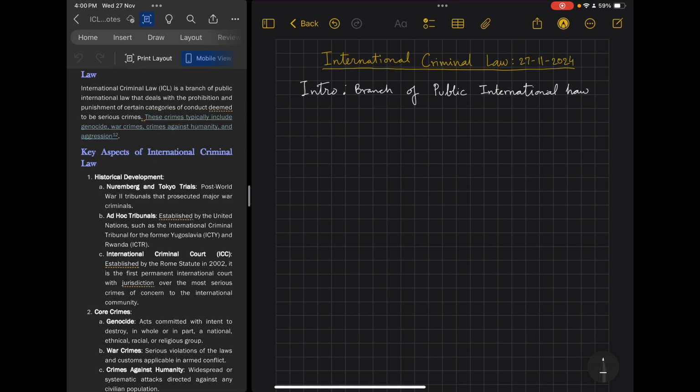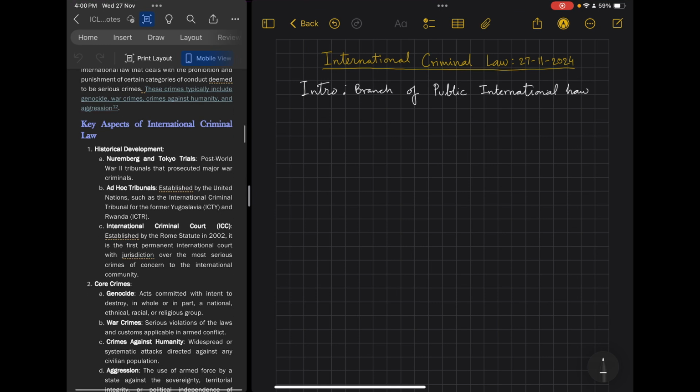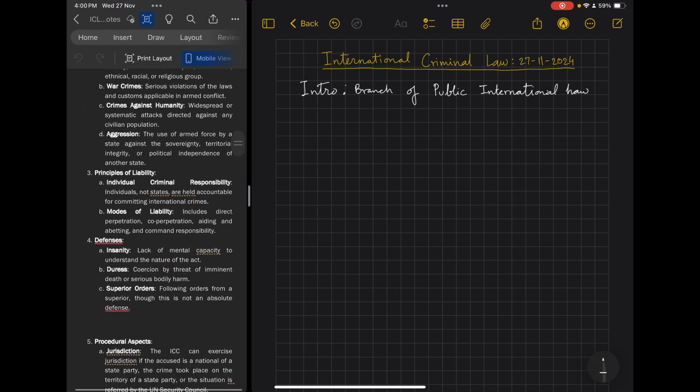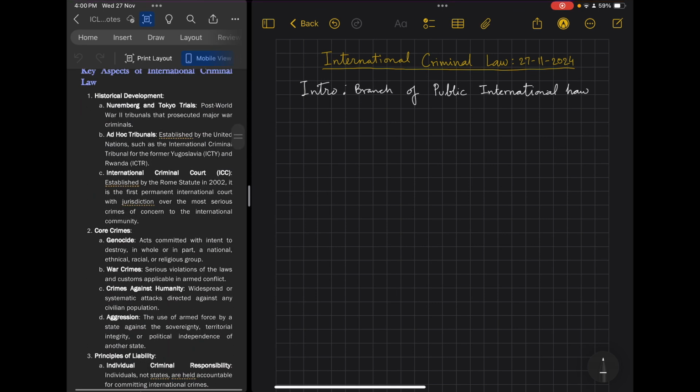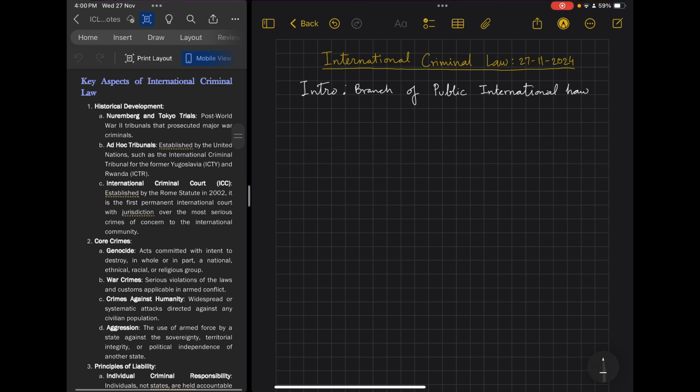Aspects of international criminal law. So how many aspects are there? There are 5 aspects which we are going to discuss right now. So I'll just note it down. Key aspects. Number 1, historical development.